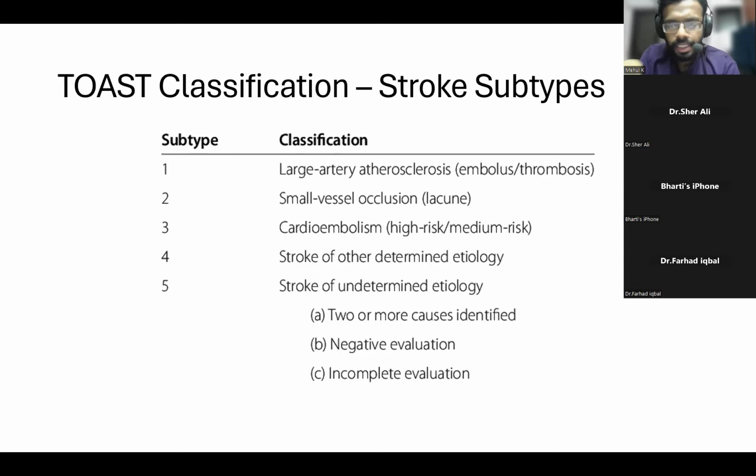In Mediterranean areas, sickle cell becomes more common. In India, intracranial atherosclerotic disease is more common among these. So there can be a lot of geographical variation. There can be a lot of variation within India also. So you have to keep that in mind.